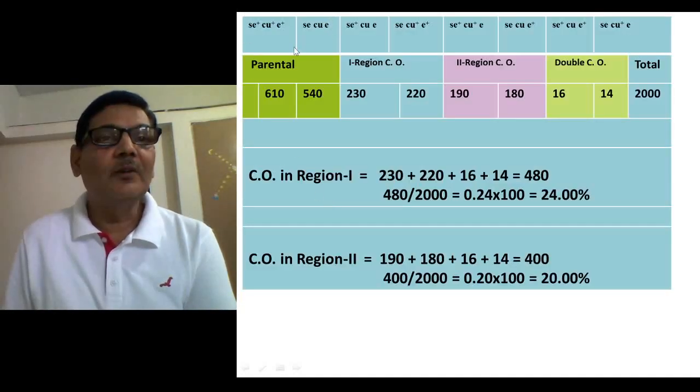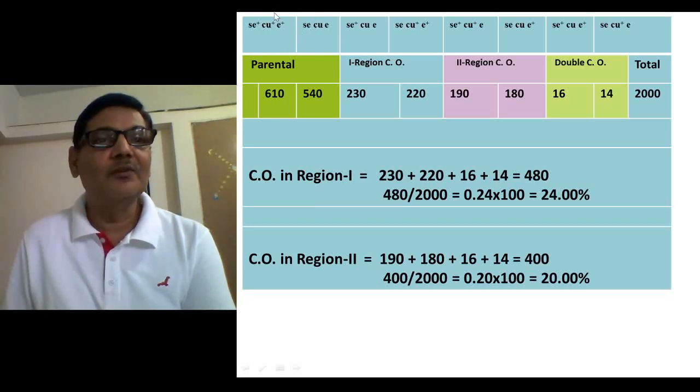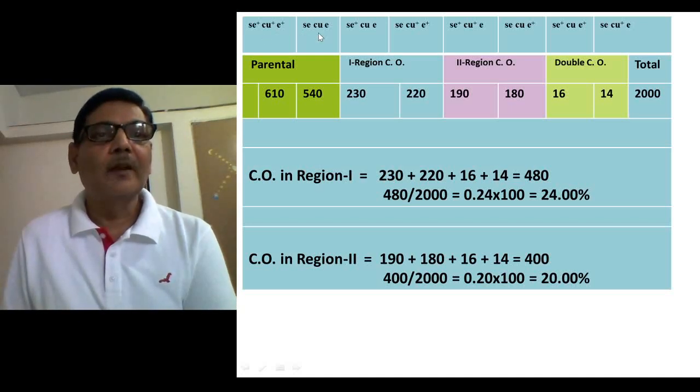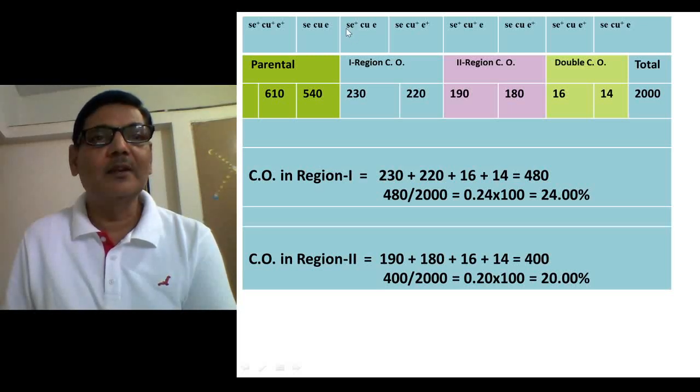So let us see how these can be explained. In this table, the first 2 cases are of parental types. See, this is the parental one with normal features. This one is a parental fly with recessive features. This will be a fly having the normal eye color, because SC plus stands for normal eye color, and then curled wing and ebony body color.